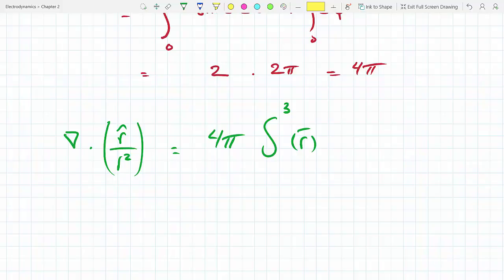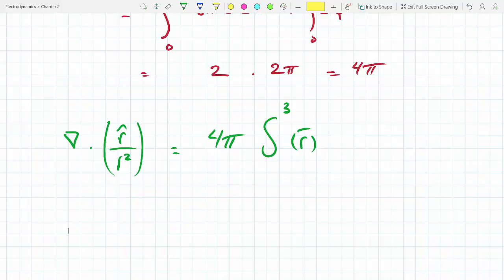Well, if you're not at the origin, you're not picking up the value of anything other than 0, because this is telling you that the divergence is 0 everywhere except at the origin.